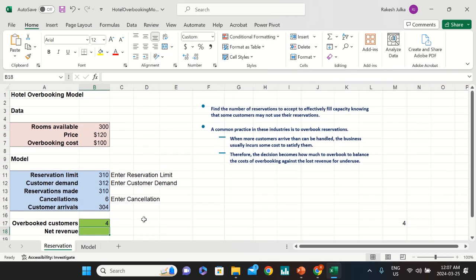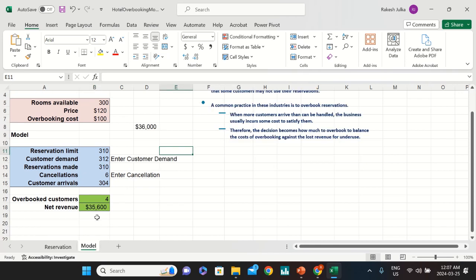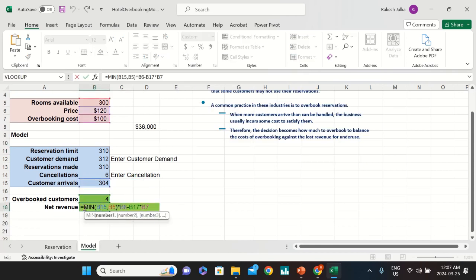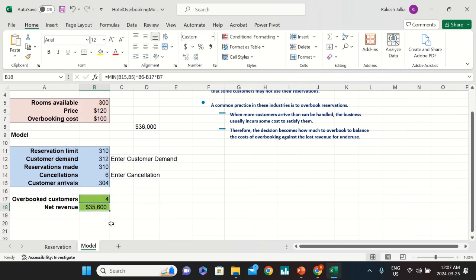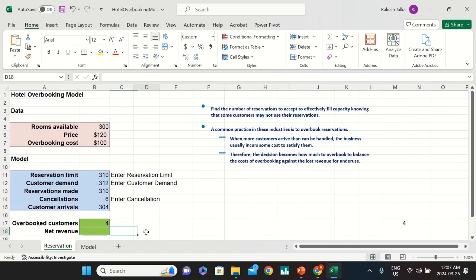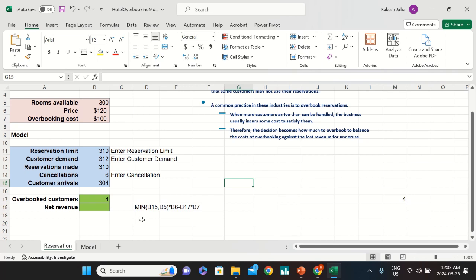So how can we calculate it? We just want to use this model. I have made a solution of this. Look at this. According to this solution, we have some criteria here. Now what do we want? We want the minimum of these two.